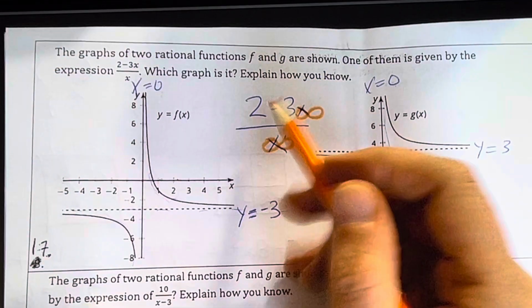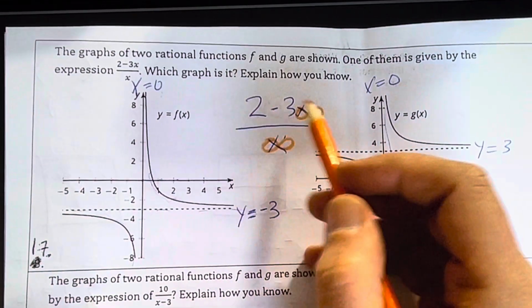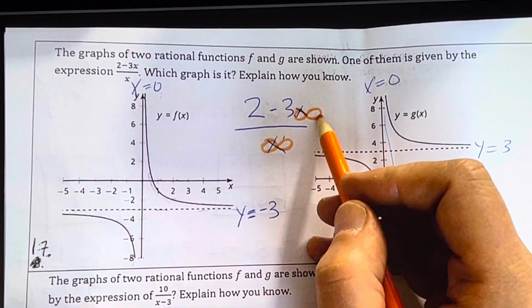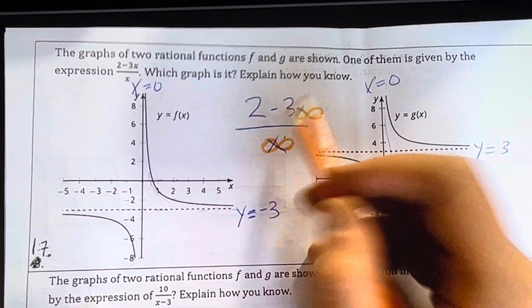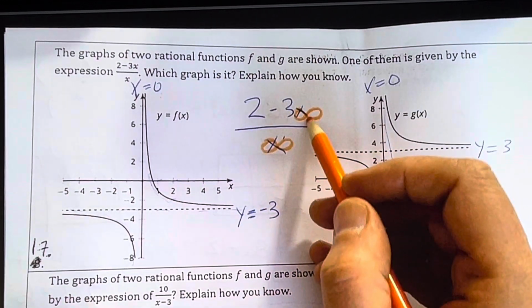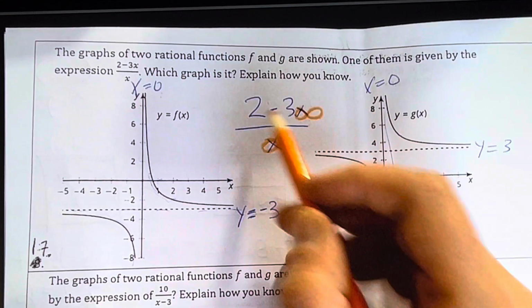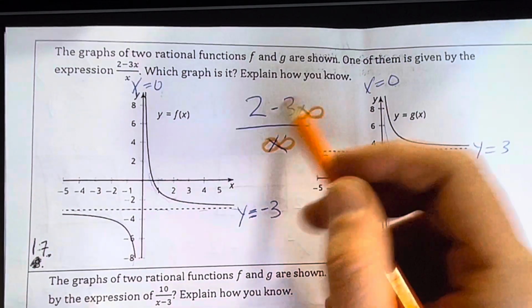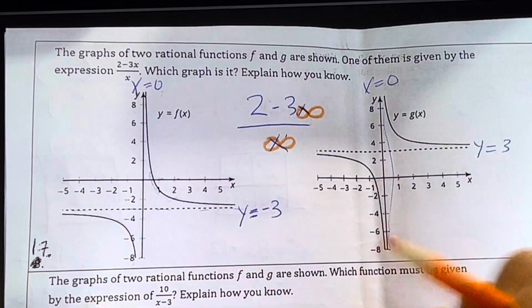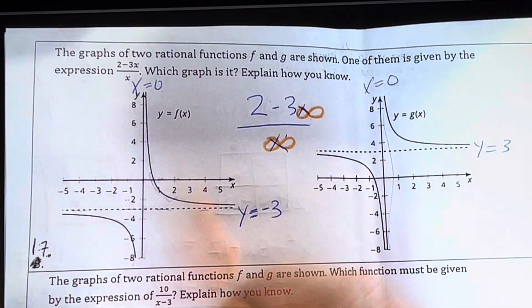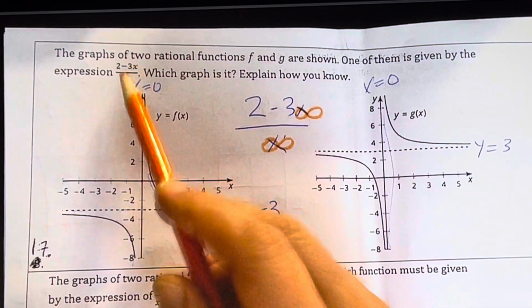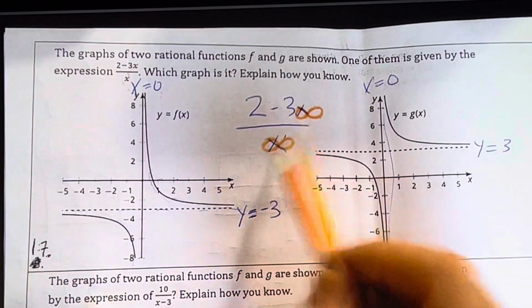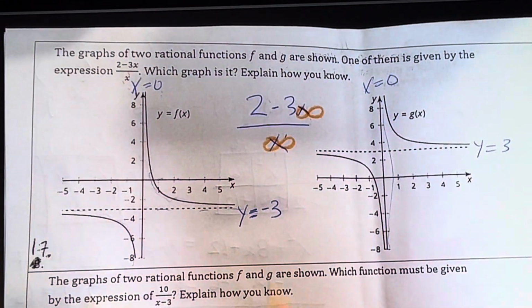So 2 minus 3 infinity is going to be negative 3 infinity, because adding 2 to negative 3 infinity is not going to be enough to change negative 3 infinity, if that makes sense. We'll show a second way to show this in a minute. If you don't like the infinities, just give me a minute, I'll show it the other way.